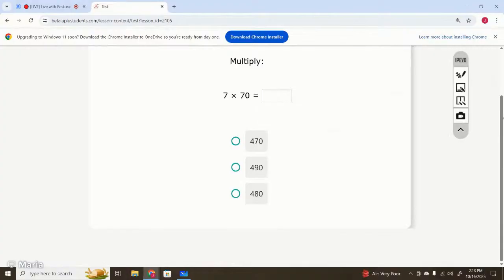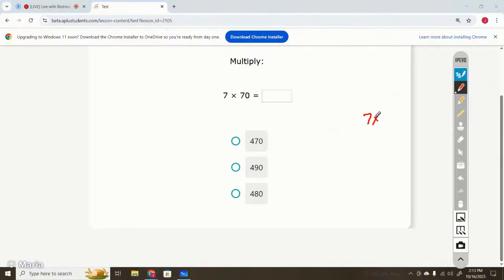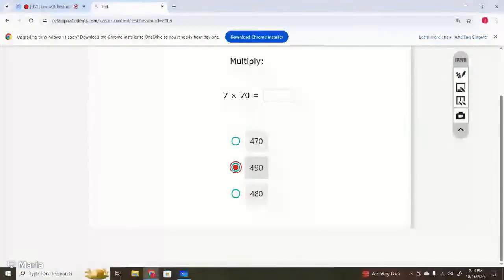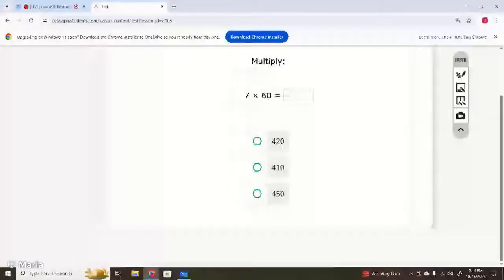So you have to do 7 times 7. 7 times 7 is 49. You need to add this 0 over here, so that is 490. Option is the correct option. 490 it is.